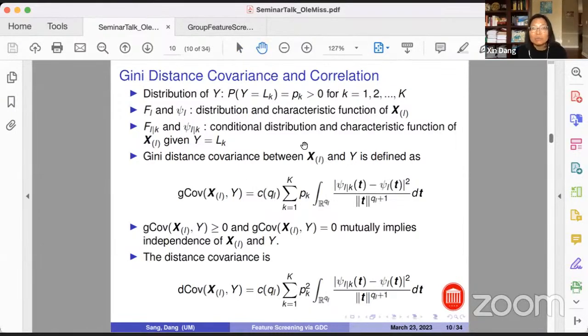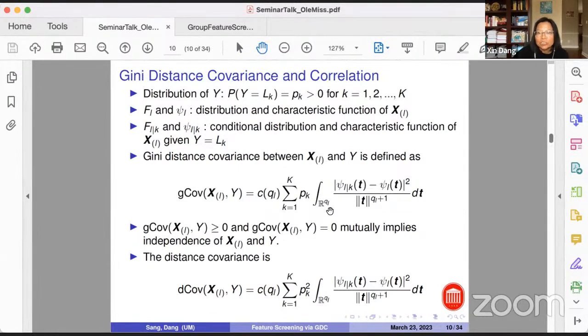The conditional distribution and characteristic function of X_l given Y equals k are F_{l,k} and psi_{l,k}.